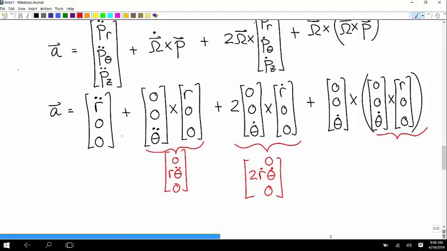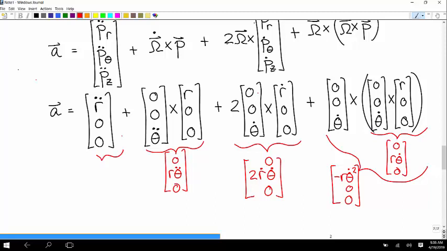And then this one gives us 0, r theta dot, 0. And so both of these together give us negative r theta dot squared, 0, 0, I think. This one we didn't do anything to.